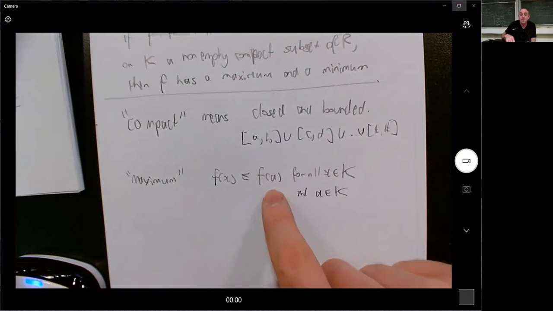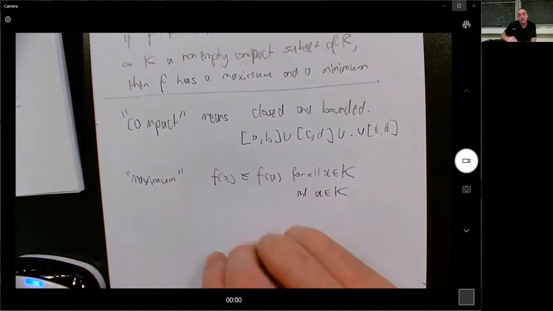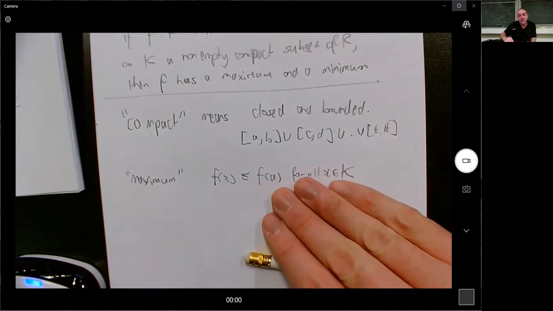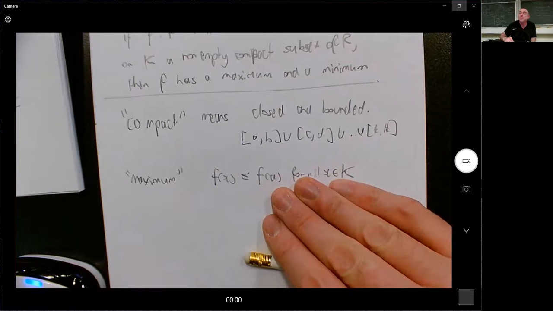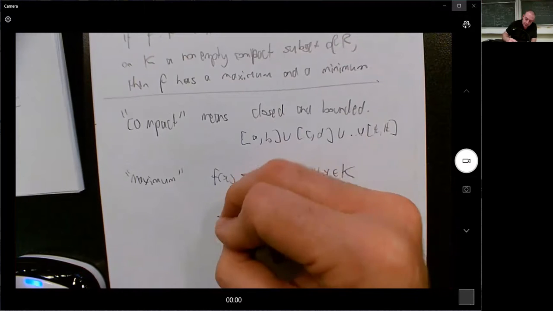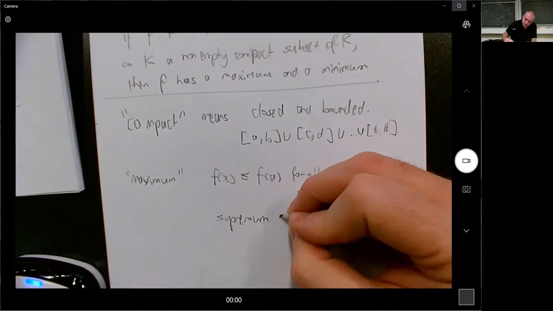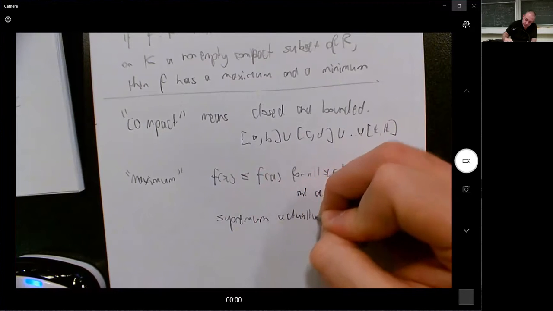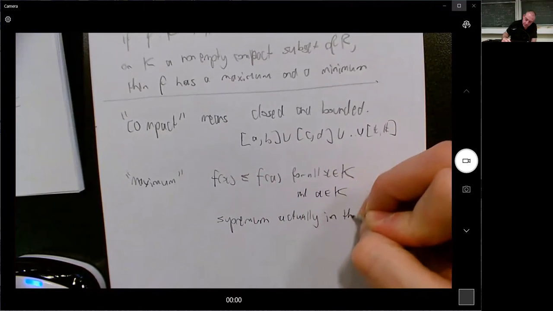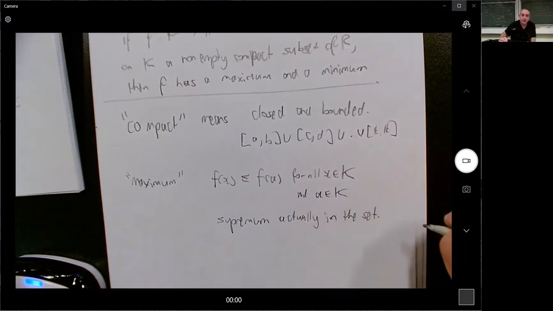And that is what a maximum is. If the point a wasn't in the set K, that would just be a supremum, not a maximum. And minimum will be similar, but the other way around, like it's greater than or equal to the minimum.